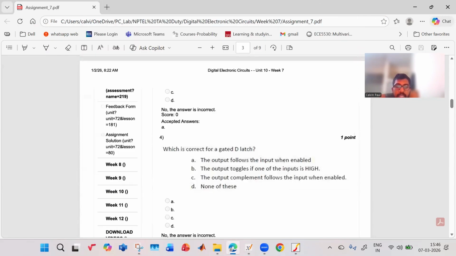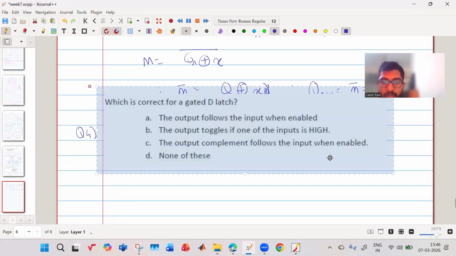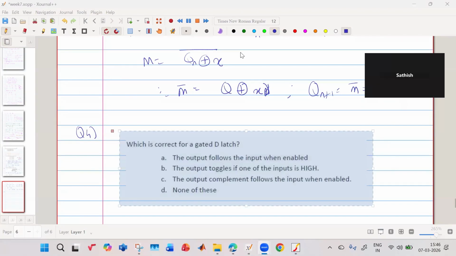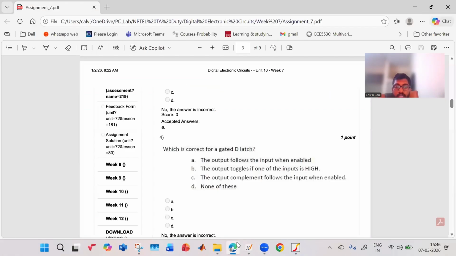Let us consider this for a gated D-latch. Question 4. So we have to identify what is correct for a D flip-flop.